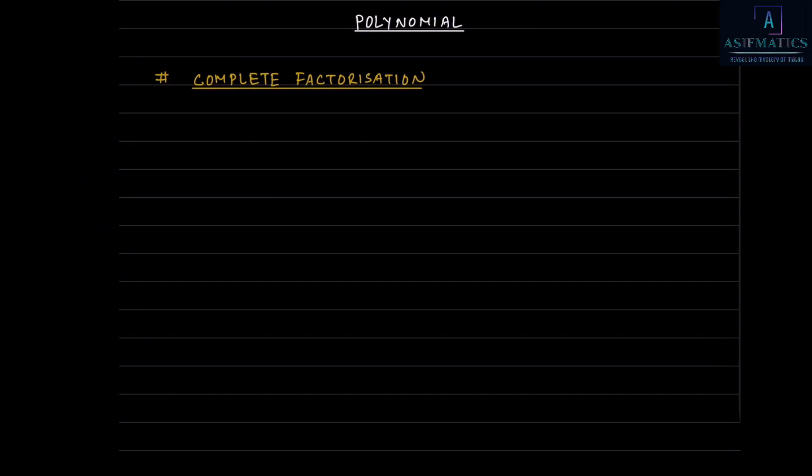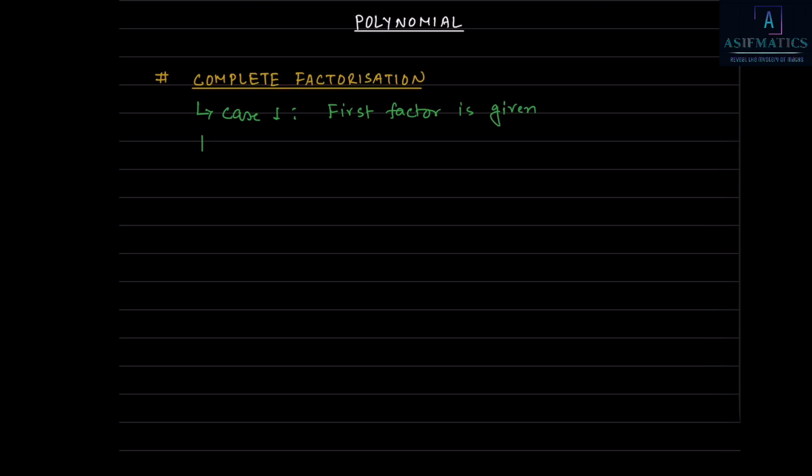This is also a part of polynomial. So here in case of complete factorization you will have two cases. Case 1: when you know one factor, that means the first factor is given, then you have to find out the rest of the factors.